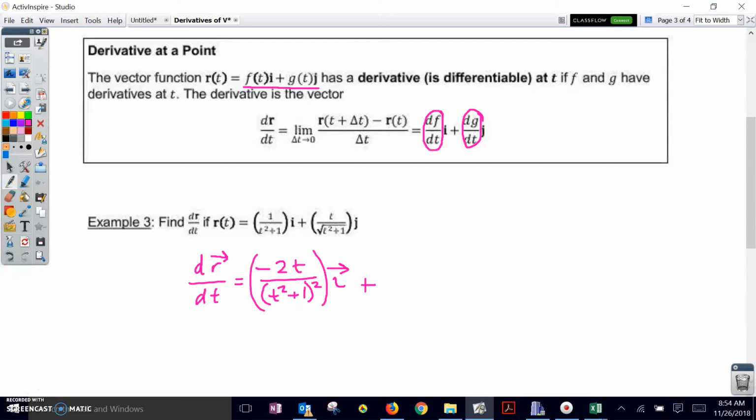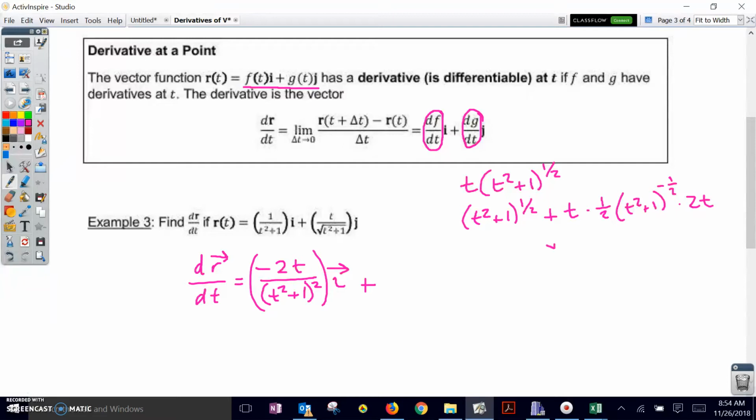and now the derivative of this other component, oh golly, let's see, that's t times (t squared plus 1) to the 1/2. Using the product rule, we end up with (t squared plus 1) to the 1/2 plus t times 1/2 (t squared plus 1) to the negative 1/2 times 2t.